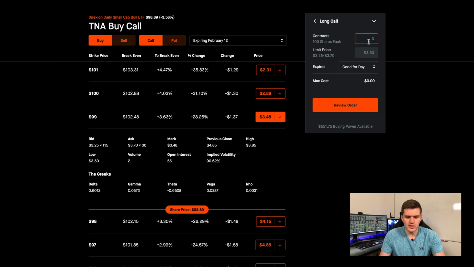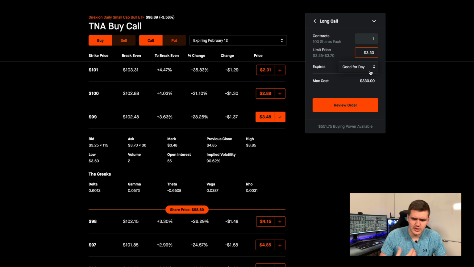So let's say we bought one. Then our limit price, which Robinhood is so gracious to put that mark price in there for us, but I don't want to spend more than $3.30 per underlying share for this option, and I want this order to expire if it's not filled by the end of day today, which would be 4 p.m.